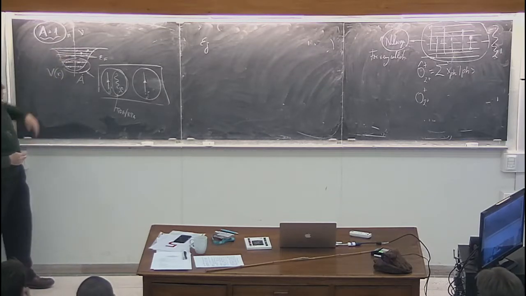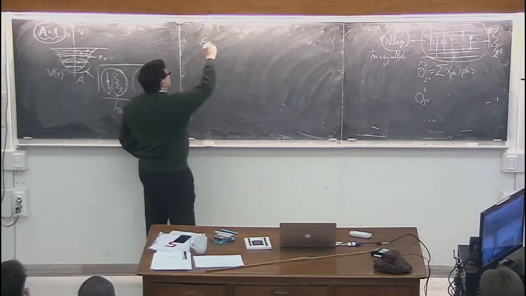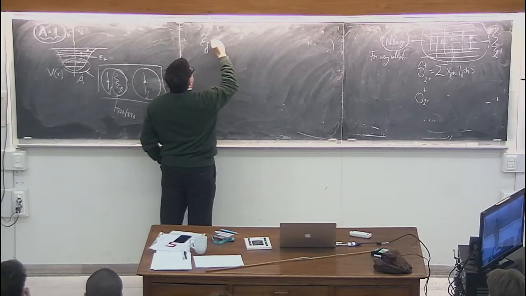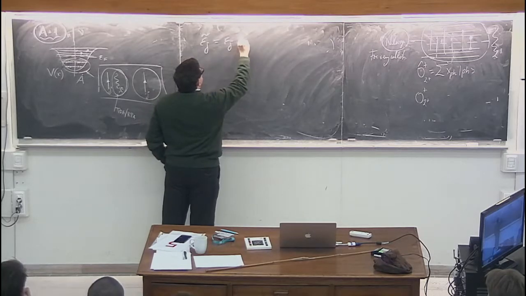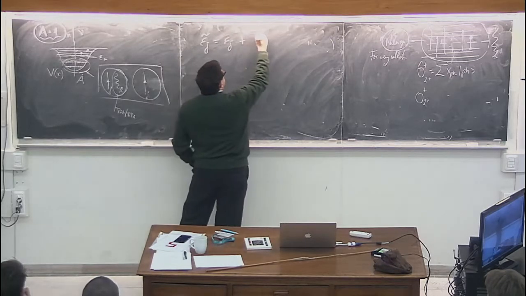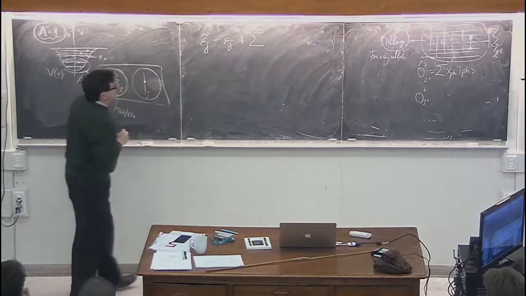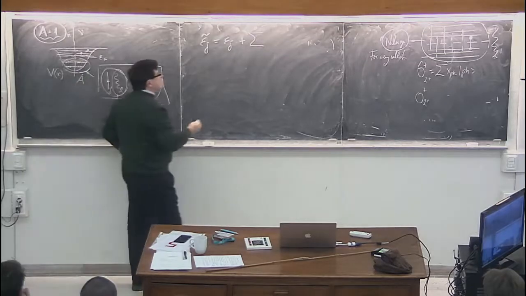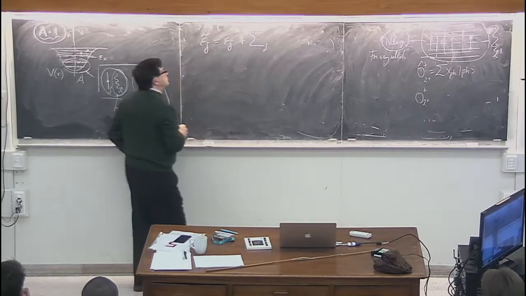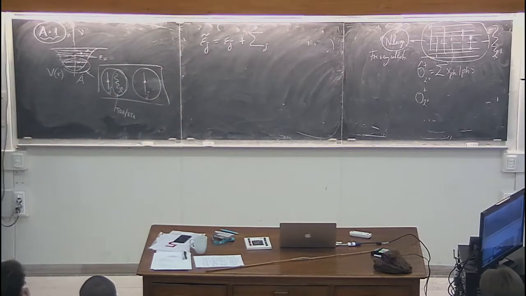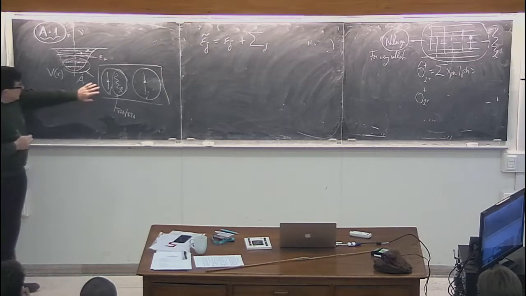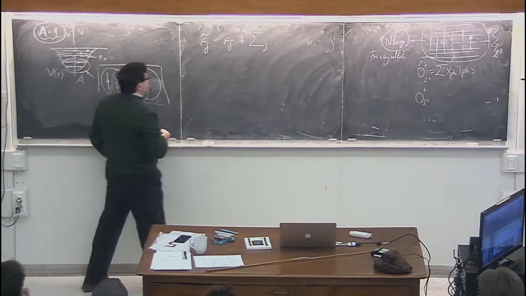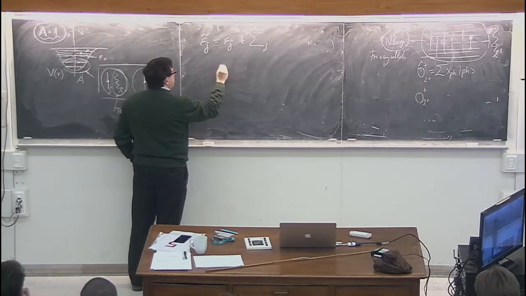So there will be some modification to the energies of the particles. And also there will be some modification to the particle-phonon configurations. In principle, in a phonon configuration, the energy would be just the sum of the particle and phonon energies. But, as we will see, this will be modified also.